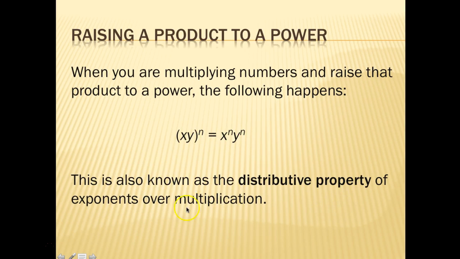This is known as the distributive property of exponents over multiplication. So I'm actually taking this n and distributing to the x, distributing to the y, because inside the parentheses I am doing x times y.